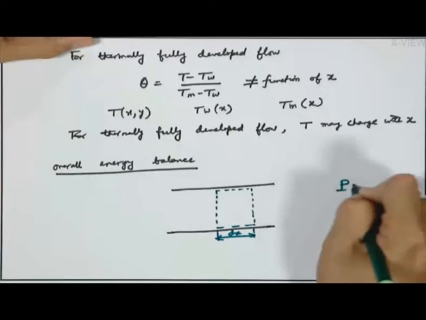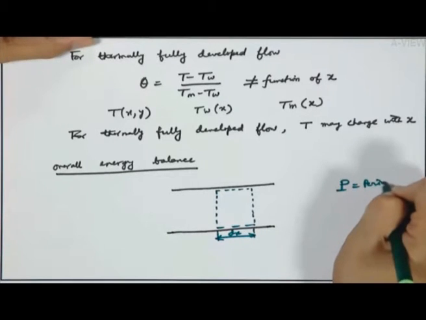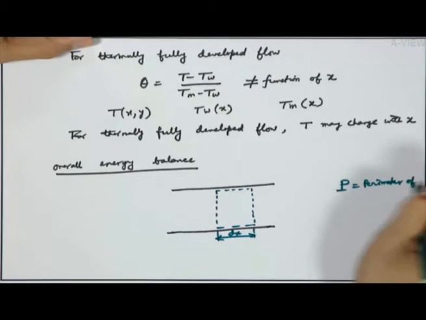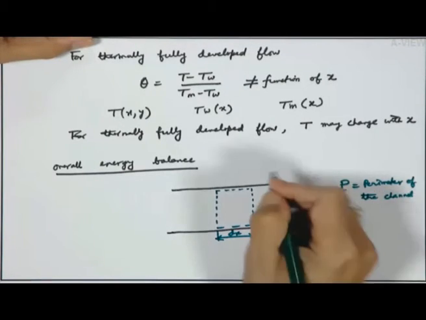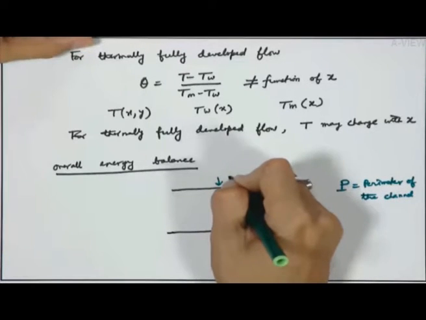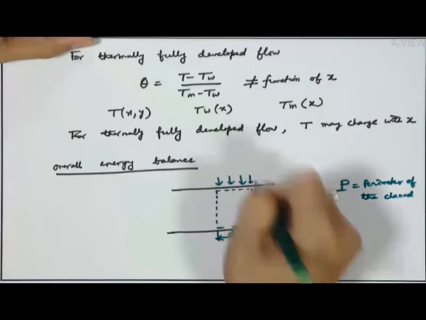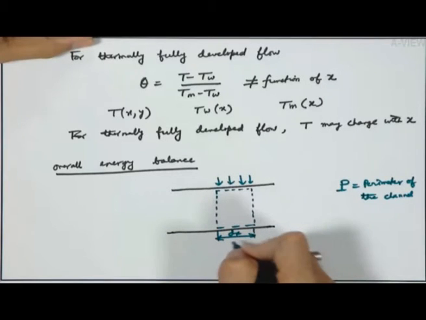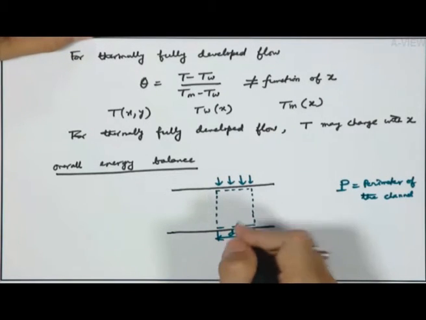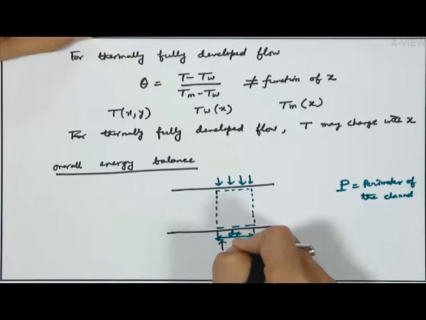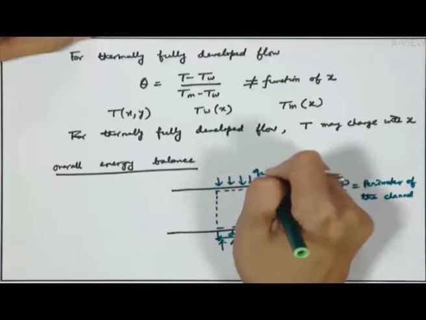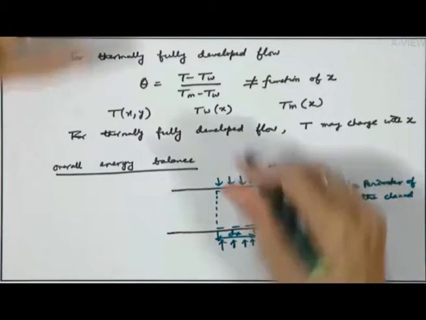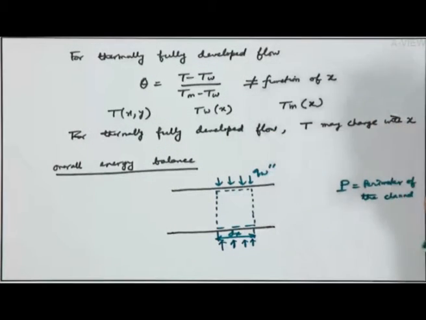Let P be the perimeter of the channel. Let us say that there is a wall heat flux q wall which may be a function of x.